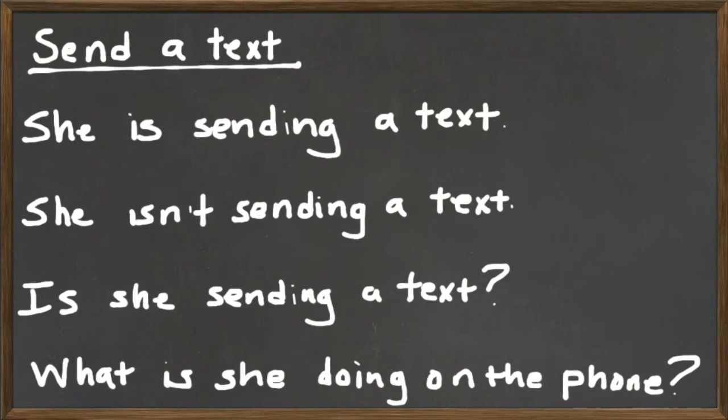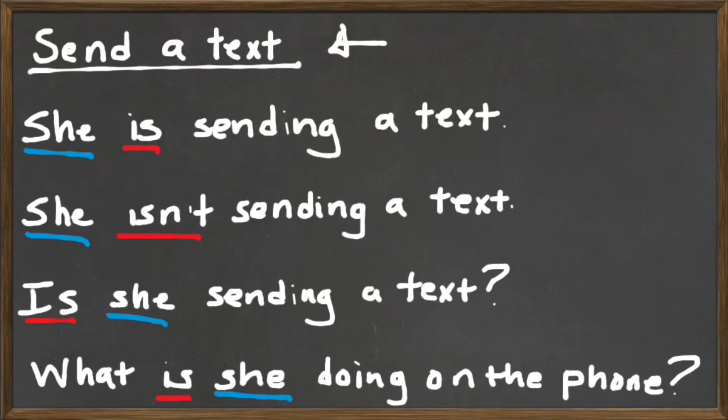All right, let's look at the example here. We have: send a text, right? Let's see. Do we have a subject? Yes, we do: she. Okay, and do we have an auxiliary? We do. The auxiliary will always be the verb to be, so we have is, isn't, is.